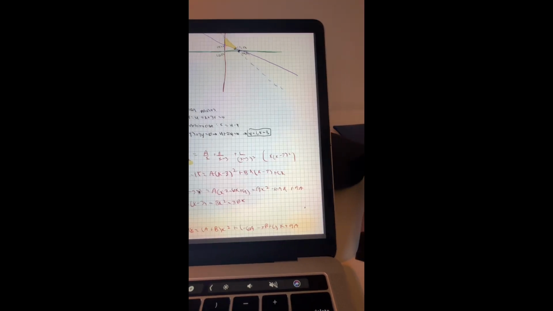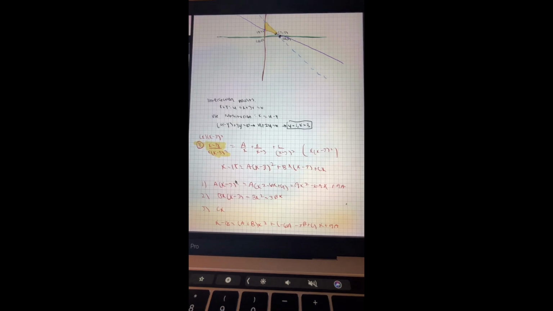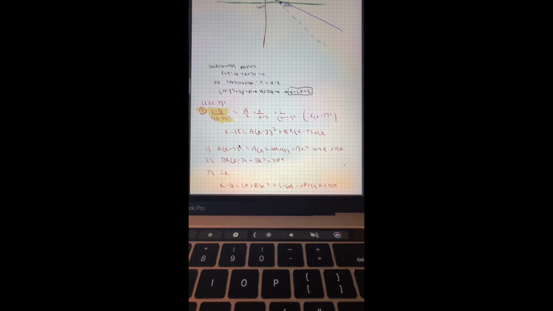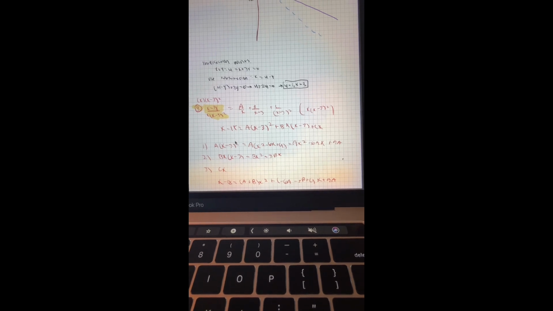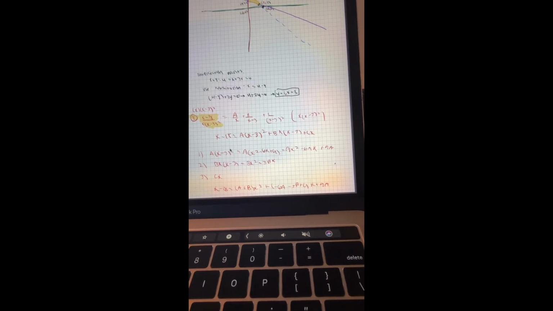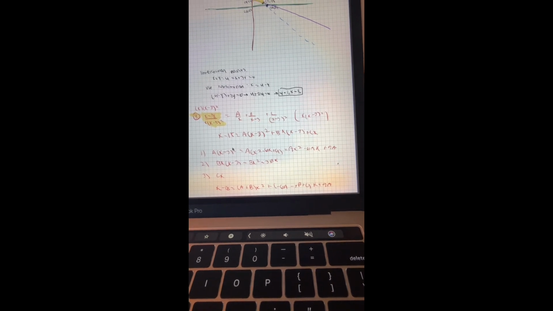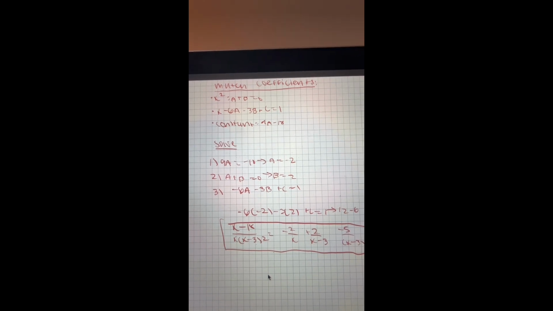And then you want to combine everything, so you get x minus 18 equals (A plus B)x squared plus (negative 6A minus 3B plus C)x plus 9A. And then the next step, you just want to match all the coefficients.